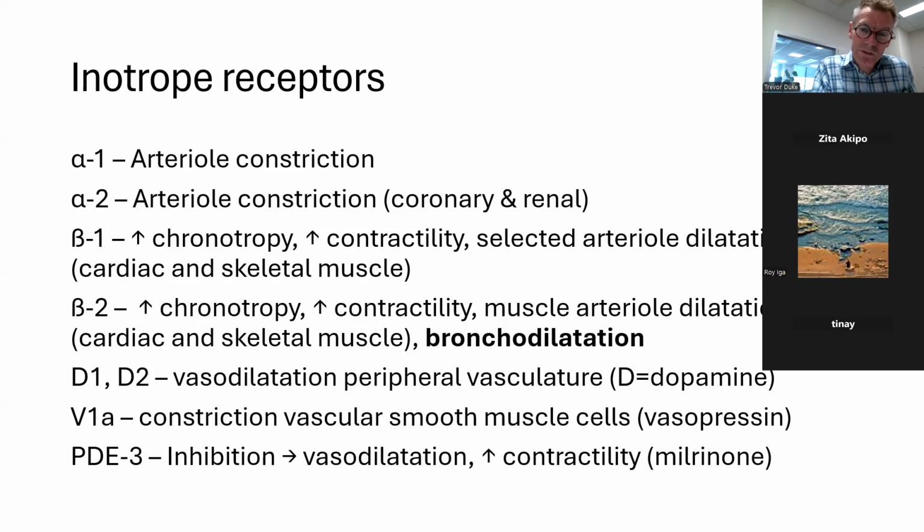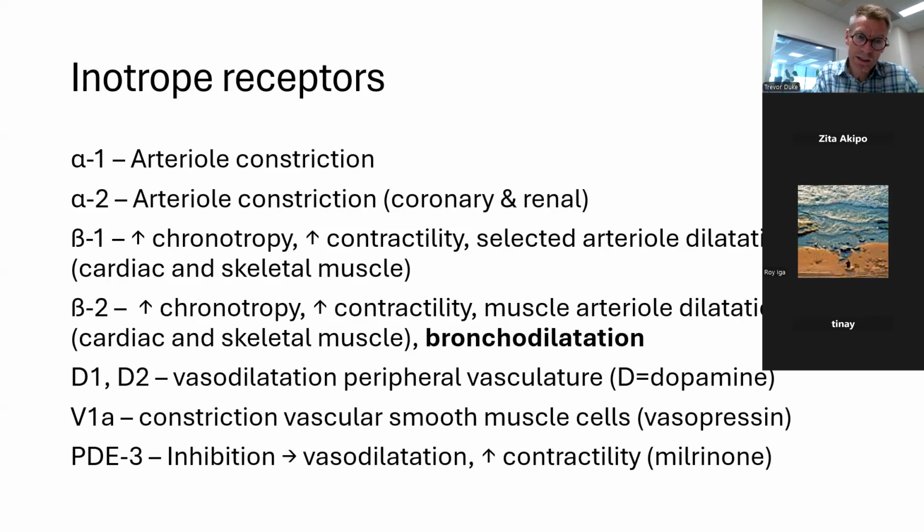And then there's other receptors called V1 receptors, and they're acted upon by vasopressin. Vasopressin is the strongest endogenous vasoconstrictor in the body, and sometimes we use vasopressin as a vasopressor agent.